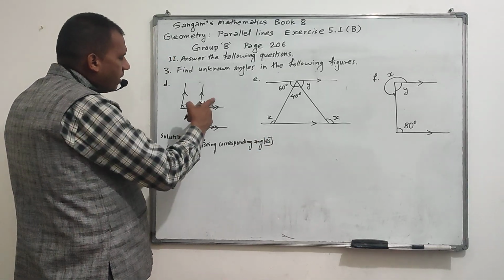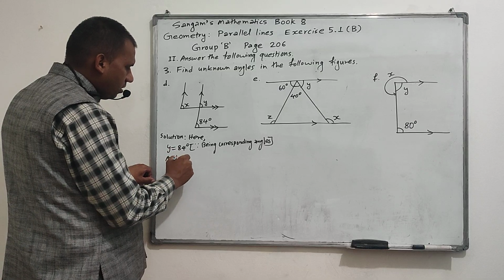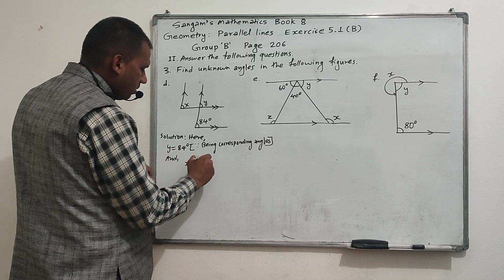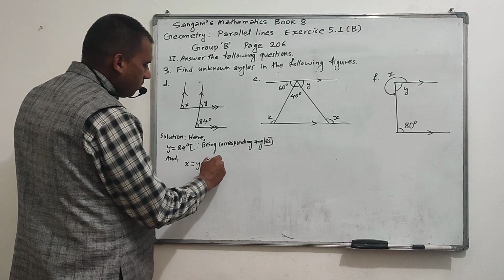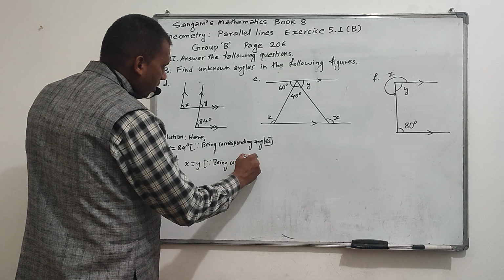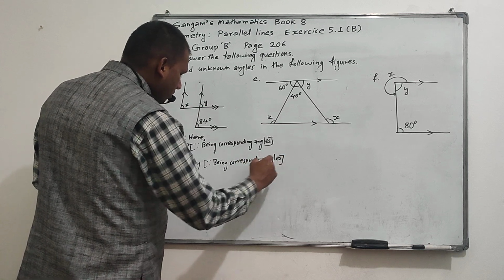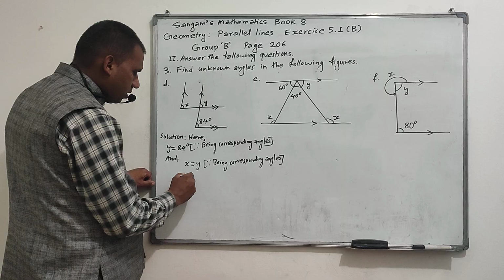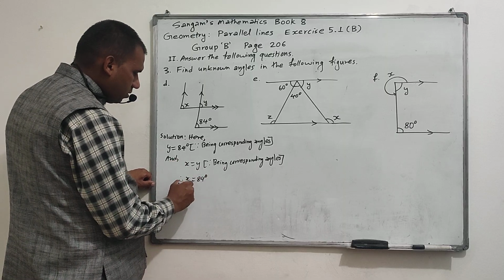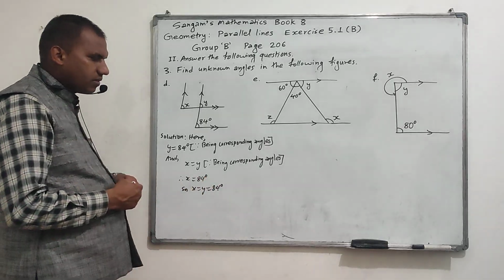And again y and x are corresponding angles, so x equals y. Therefore x equals also 84 degrees, so x equals y equals 84 degrees.